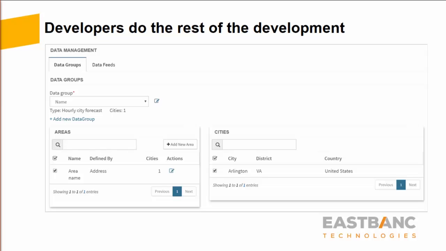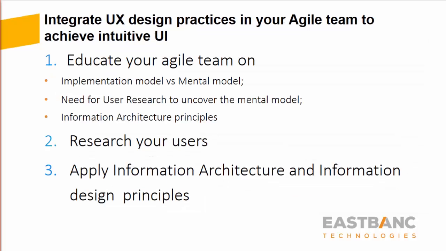To sum up the whole process, how do you make your interface easier to use? Here are three steps. First, if you don't yet have UX design skills, practices and processes in your team, the first thing you need to do is educate your team. Educate them on implementation versus mental models so they understand why some interfaces are harder to use.